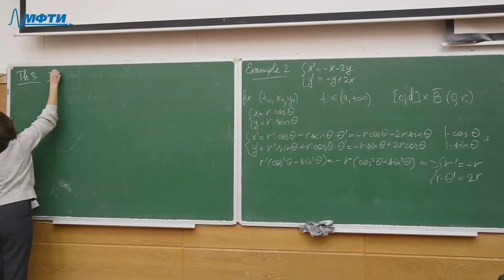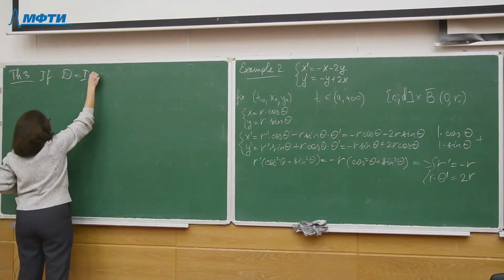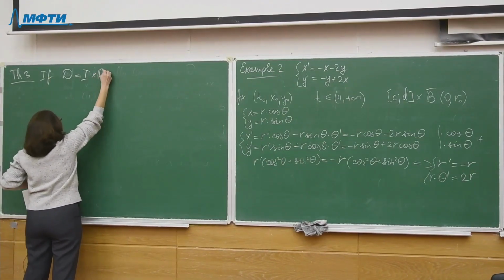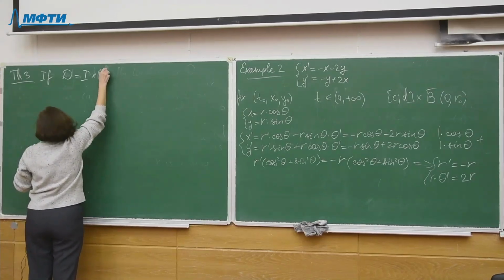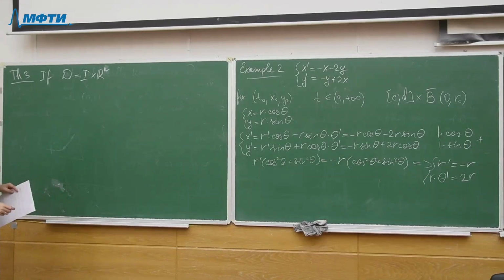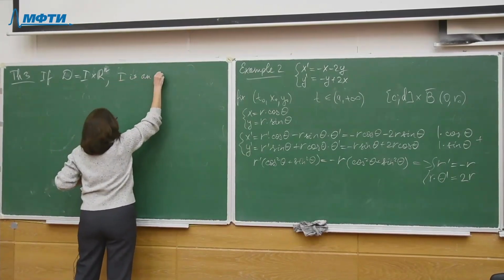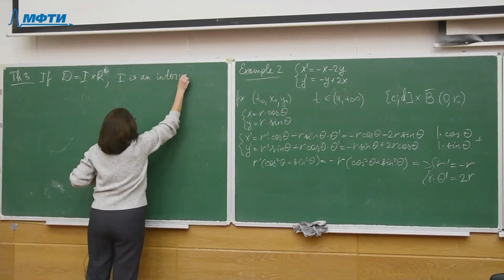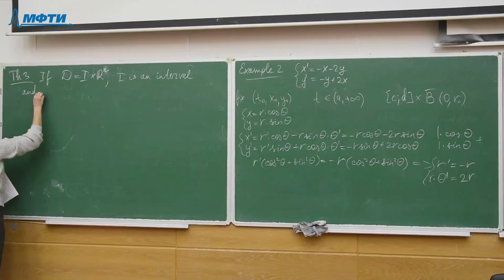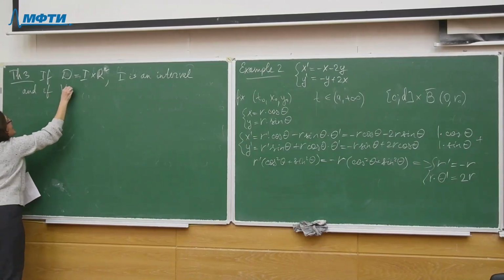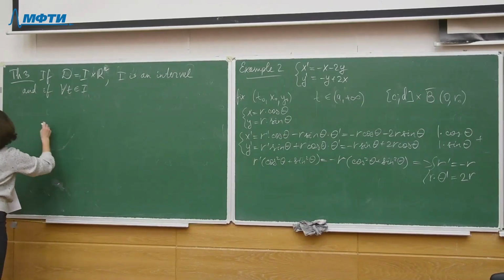If D is the product of I times R^n, I is an interval, and if for any t from the interval we have the following.